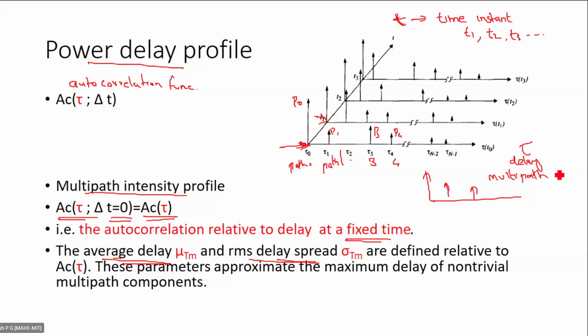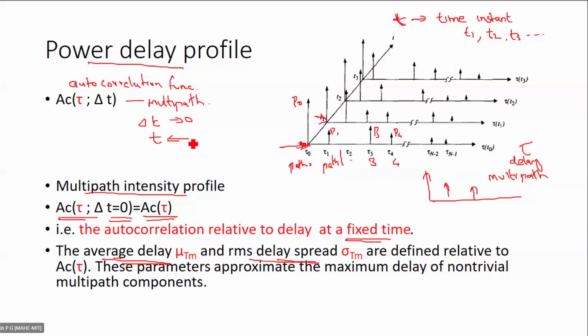So coming to power delay profile, we have seen this particular function earlier, that is A_c of tau comma delta t. And coming to power delay profile and multipath effect, we put delta t equal to 0, and we analyze the function from a particular time instant only.